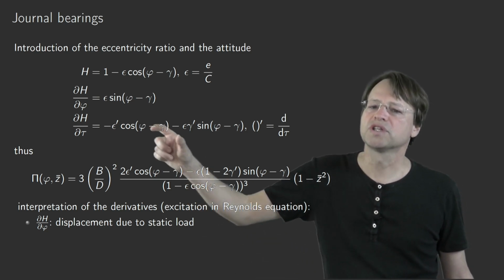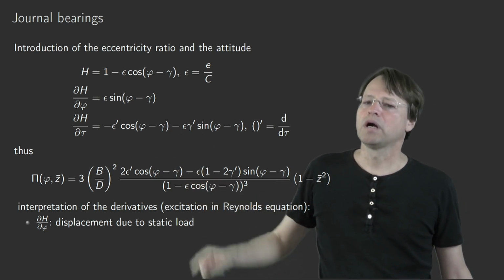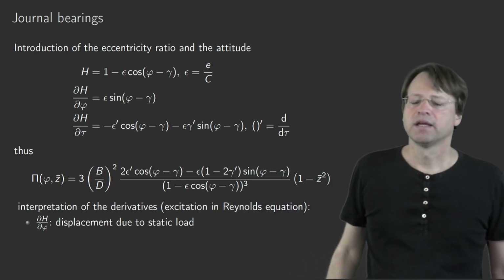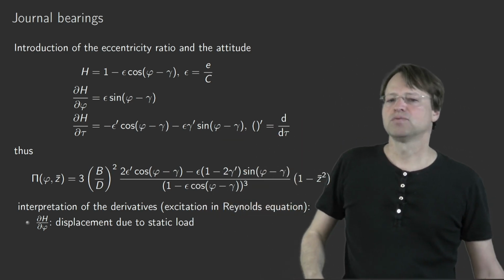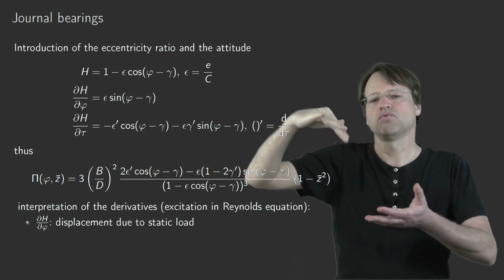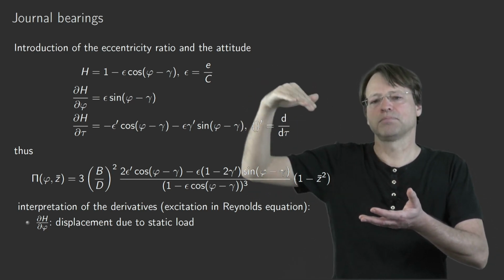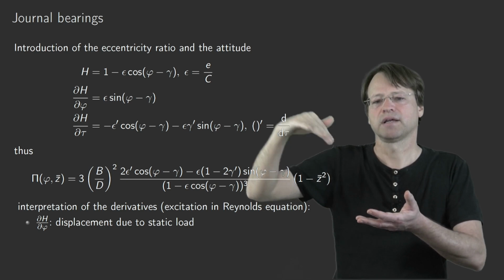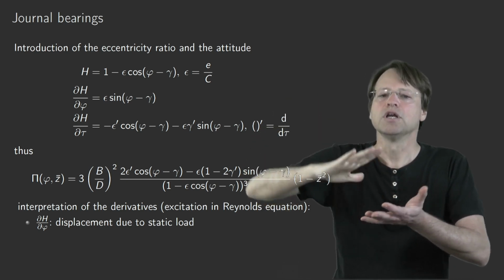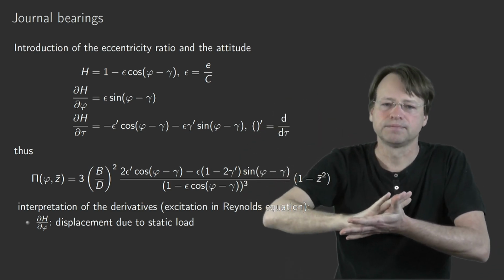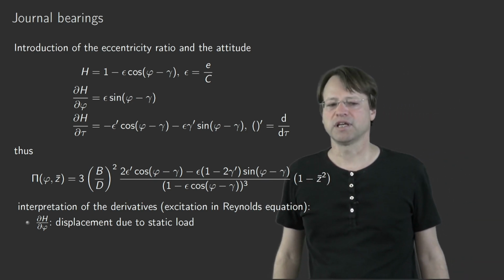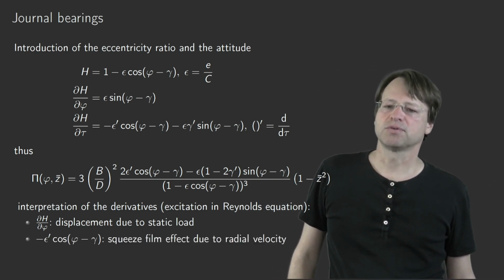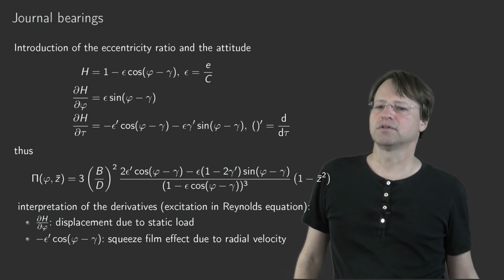Then we have 2 time-dependent effects. The one is in a radial direction and the other one is in circumferential direction. In a radial direction, what will happen if you move in a radial direction with a positive velocity? So outside, you will squeeze the oil film, the lubrication film. So this is a squeeze film effect due to the radial velocity.